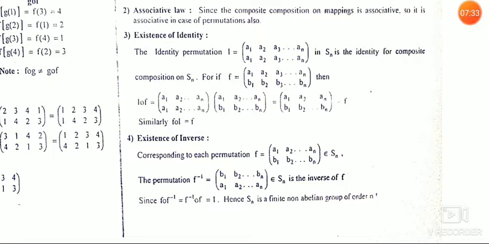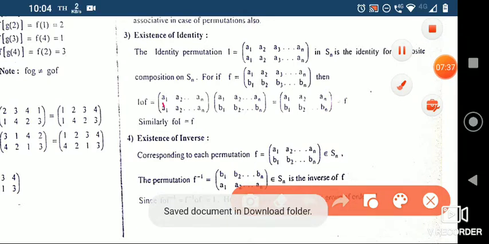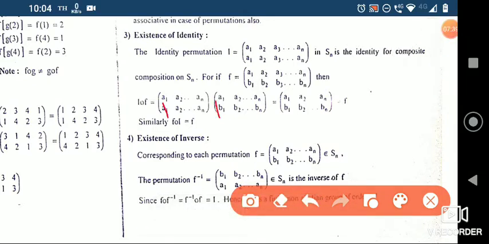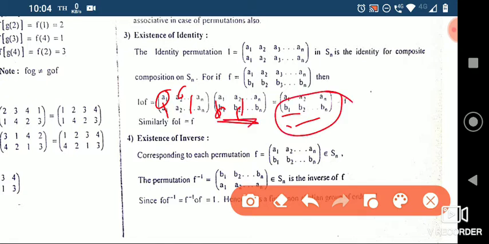You can just check: a1 to a1, a1 to b1, so a1 to b1; a2 to a2, a2 to b2, so a2 to b2. If you see the whole thing, this is nothing but f only. So identity exists.